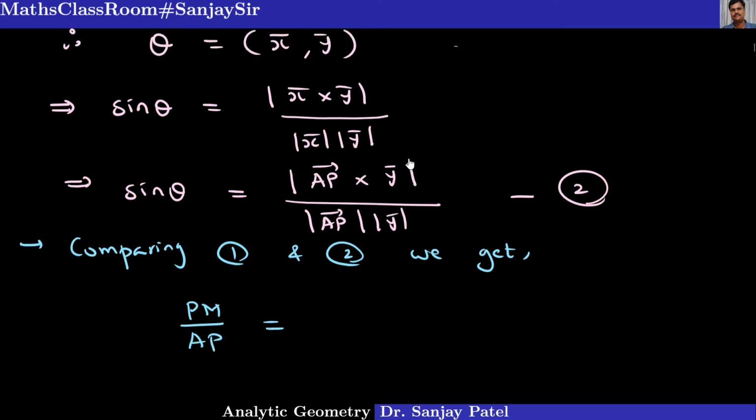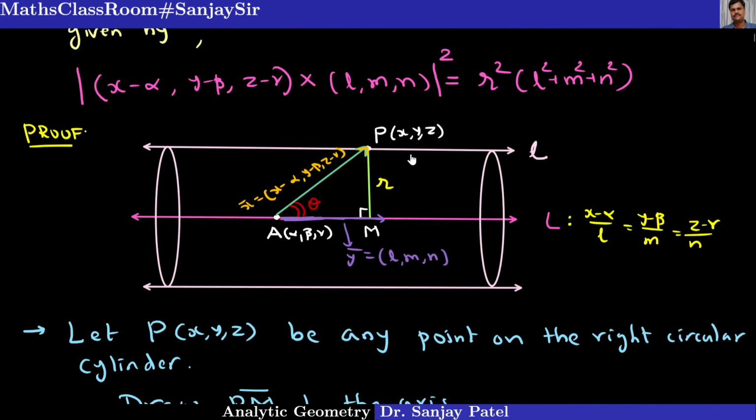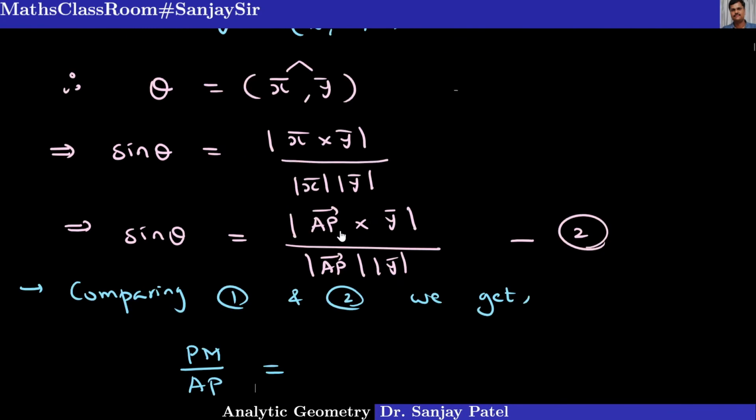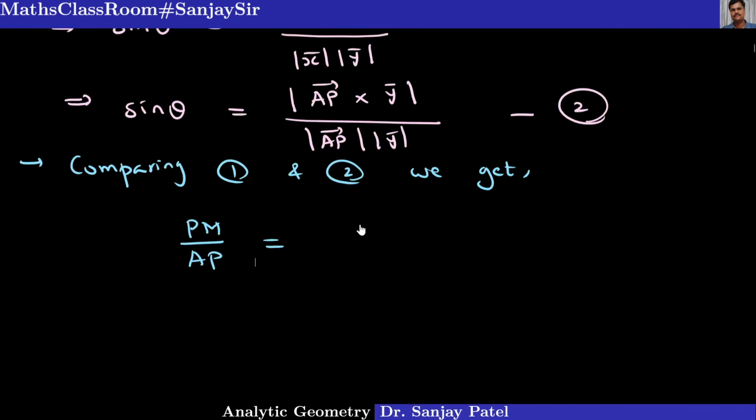Let me show you again. It is the opposite of theta, that is PM upon AP. And the second equation is mod of AP cross y bar upon mod of AP into mod of y bar. Okay, so this and this will be cancelled.